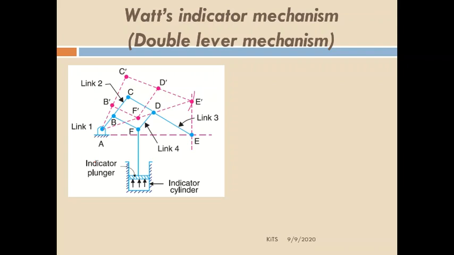Okay, where CE will act as a lever. We can also call this a straight line mechanism because if you trace the path of E, it will be exactly a straight line. This is also used to suck water from the well.